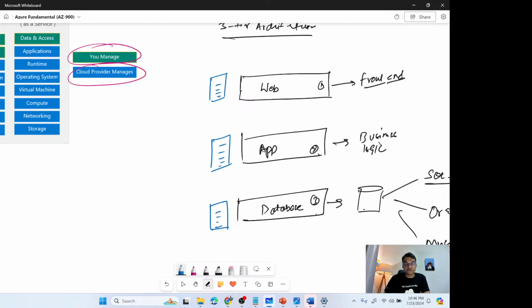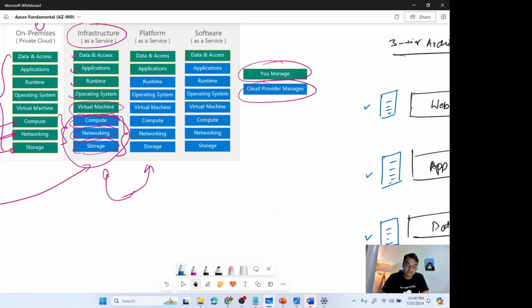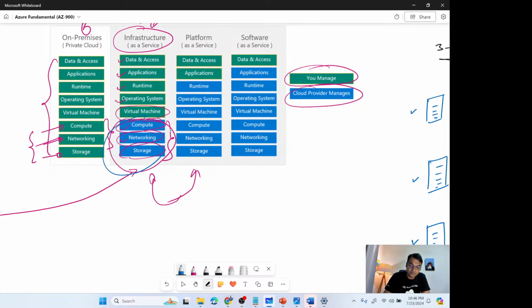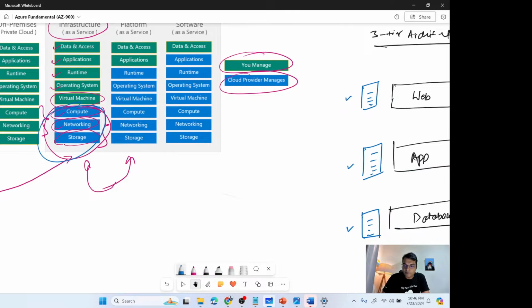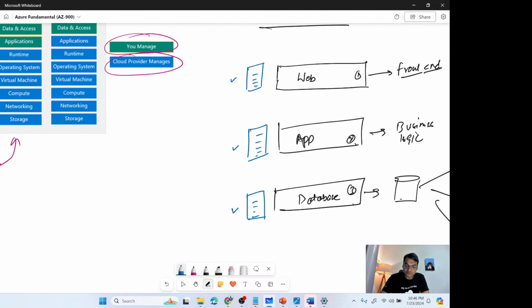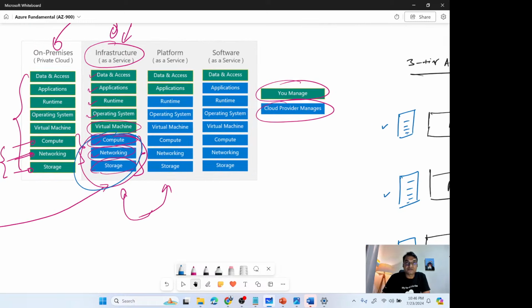And a third virtual machine. So I have one web server, another app server, and a third database server. Three virtual machines. And since it is a virtual machine, Azure is only providing you what? Azure is only providing you compute, networking, and storage. Everything else you are managing. These three virtual machines you are responsible to manage, right? As long as it is infrastructure as a service.